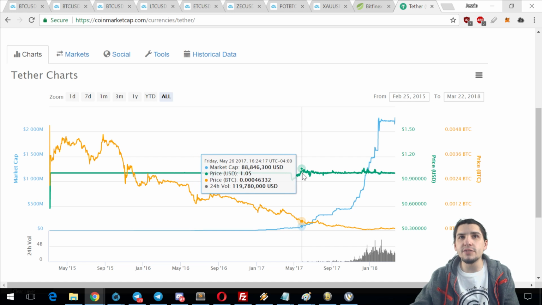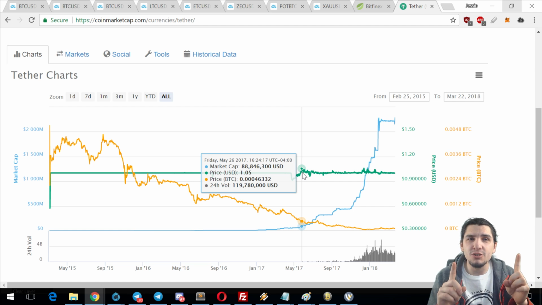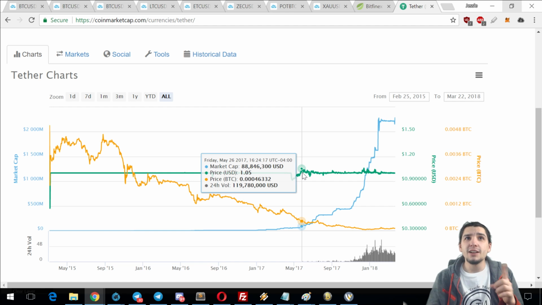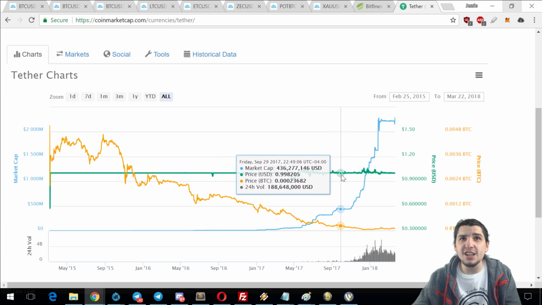And then all of a sudden on the flip side, 1 USD Tether is worth $1.05? If it's truly 1-to-1, 100% backed, 1 USD equals 1 USDT, right? Then why does the price fluctuate?